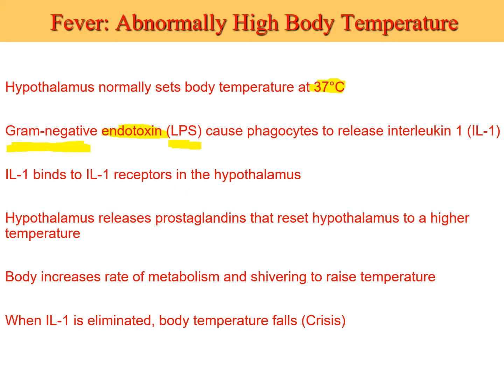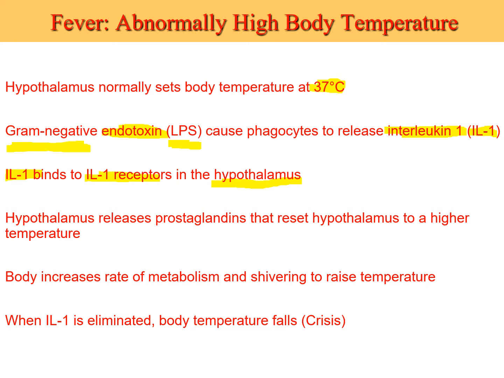to endotoxin. Endotoxin triggers macrophages to produce a cytokine called interleukin-1 or IL-1. And IL-1 is secreted out into the tissues and gets into the bloodstream and goes up through the lymphatics, goes up to the brain to the hypothalamus, which can bind IL-1 because it expresses IL-1 receptors.